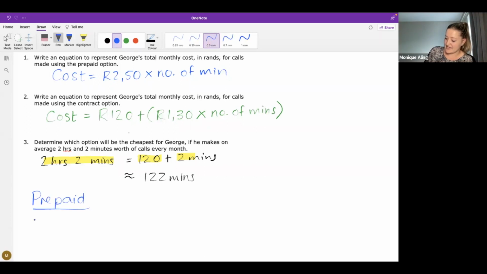So we're looking at the prepaid first. So prepaid is the R2.50 times 122 minutes. And we get an answer of 305.